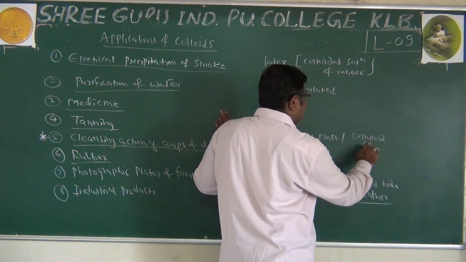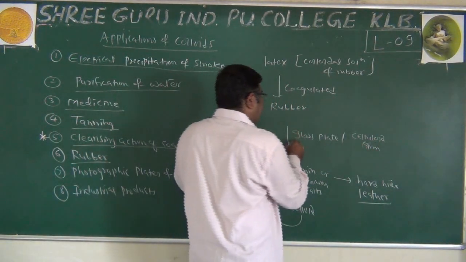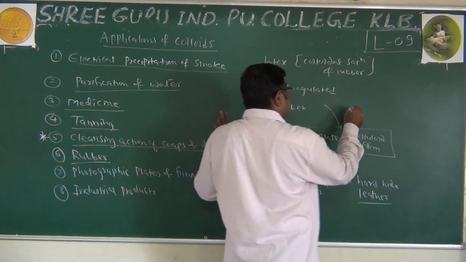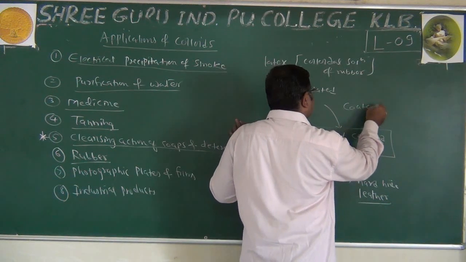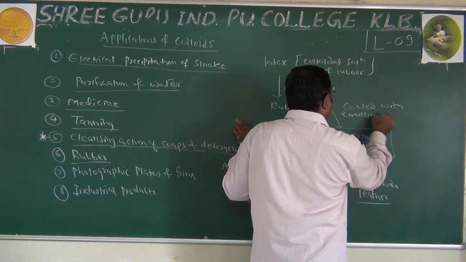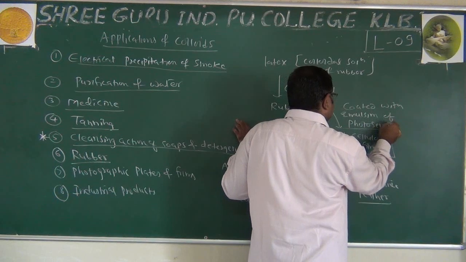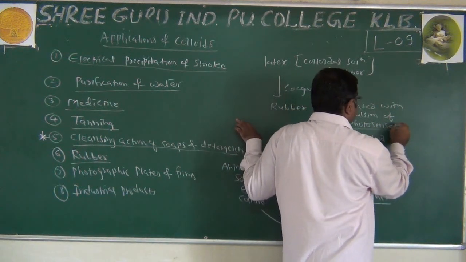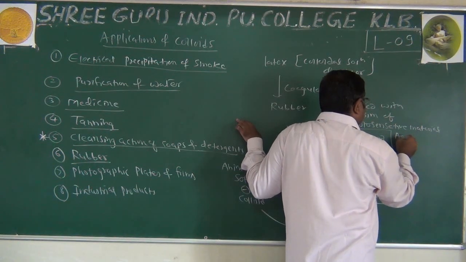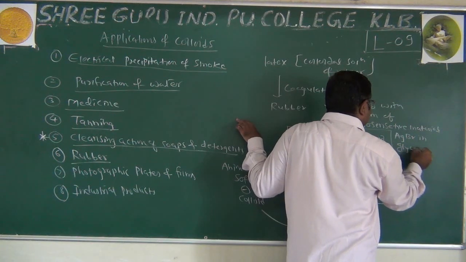Celluloid film means it's cellulose nitrate, and it is coated with an emulsion of photosensitive material like silver bromide in gelatin.